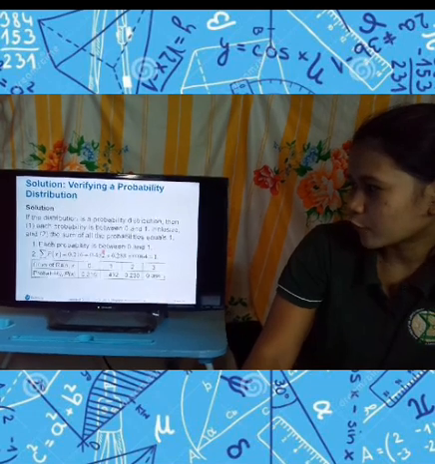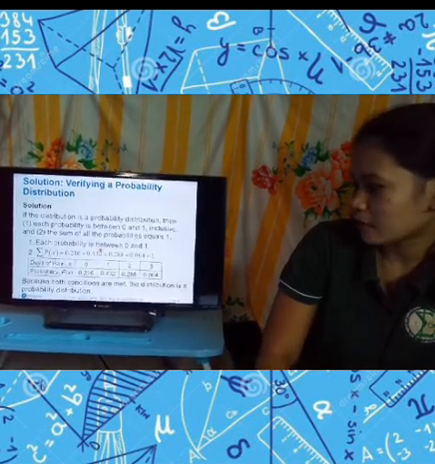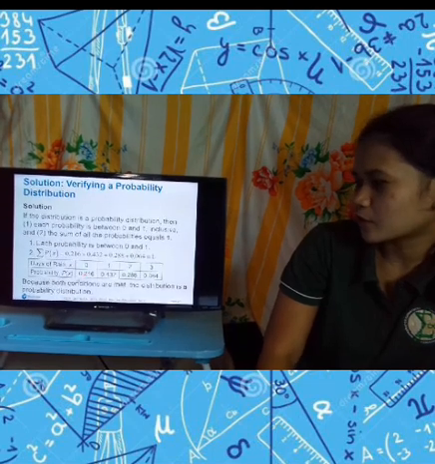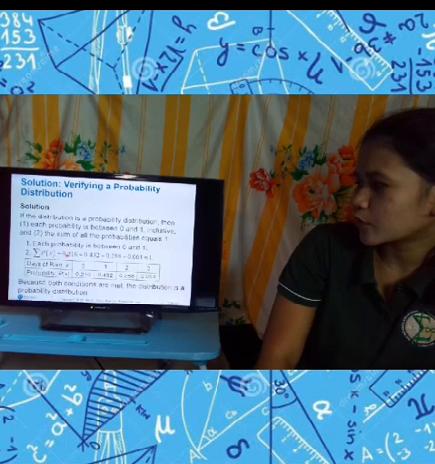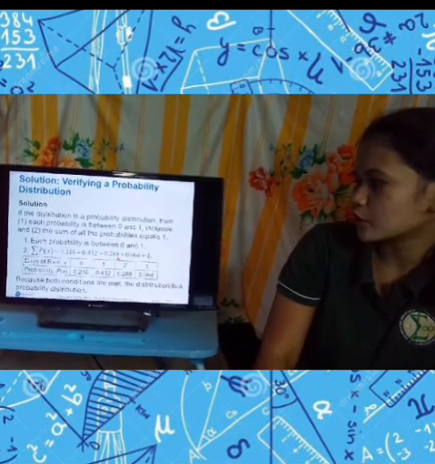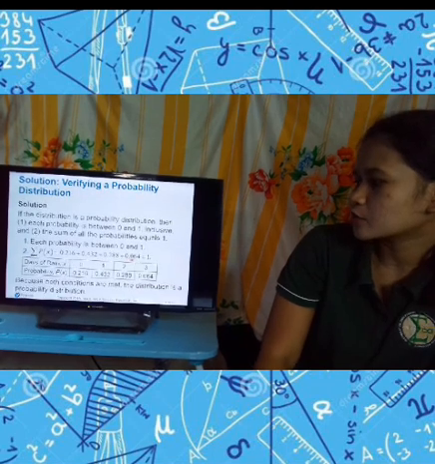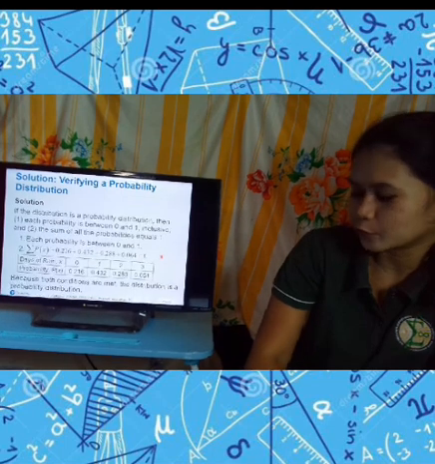Therefore, because both conditions are met, the distribution is a probability distribution. 0.216 plus 0.432 plus 0.288 plus 0.064 is equal to 1. So, it also satisfies condition number 2.